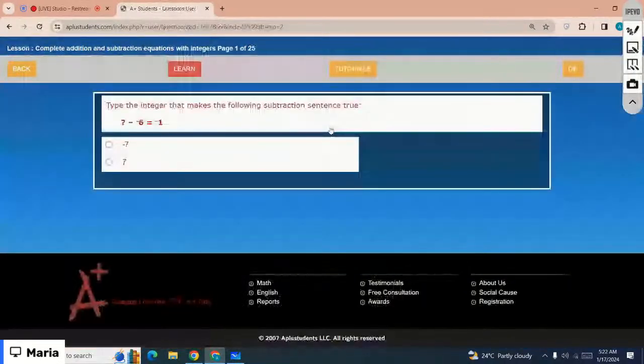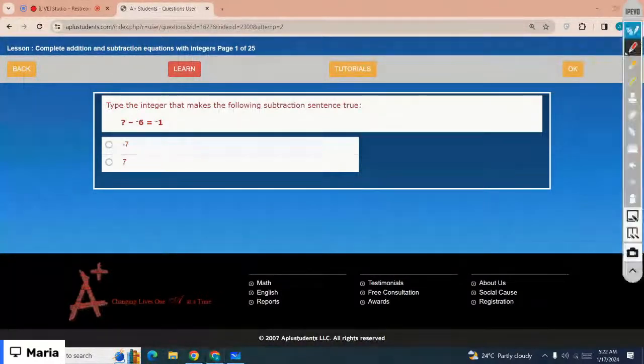Okay, type the integer that makes the following subtraction sentence true. You are given the options here, right? You can check the options by replacing the number and see which is the correct one. For example, you have missing number minus 1 minus 6.